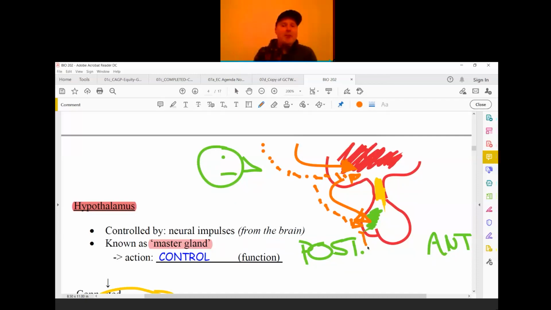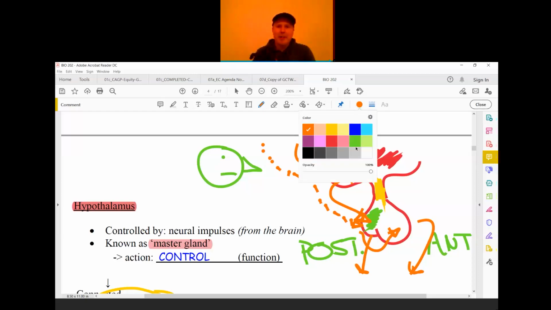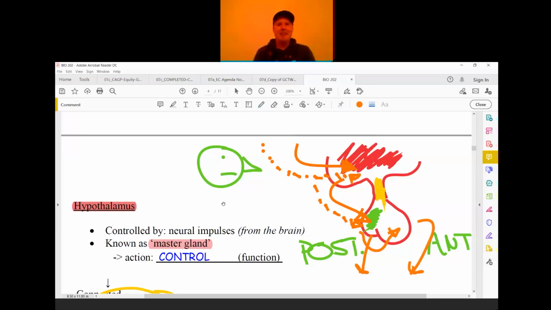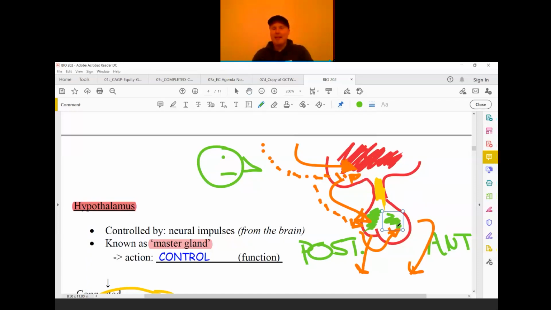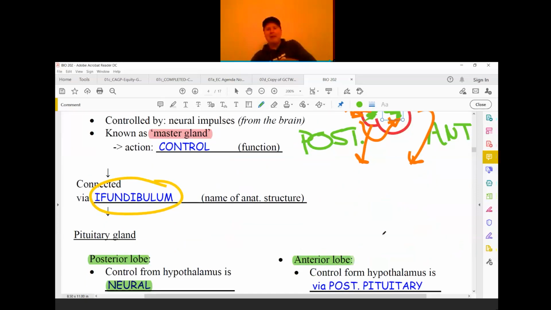These messages first go to the posterior and then are passed to the anterior lobe of the pituitary gland, and then those hormones are secreted from there onwards. So if we want to complete our diagram here, we can add the color. We're going to be focusing now on the anterior lobe of the pituitary.